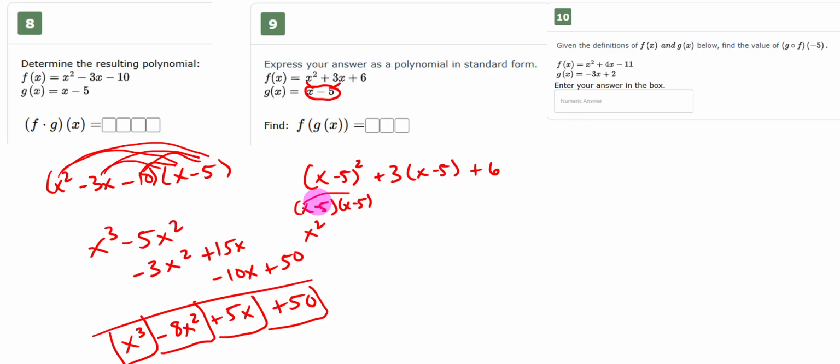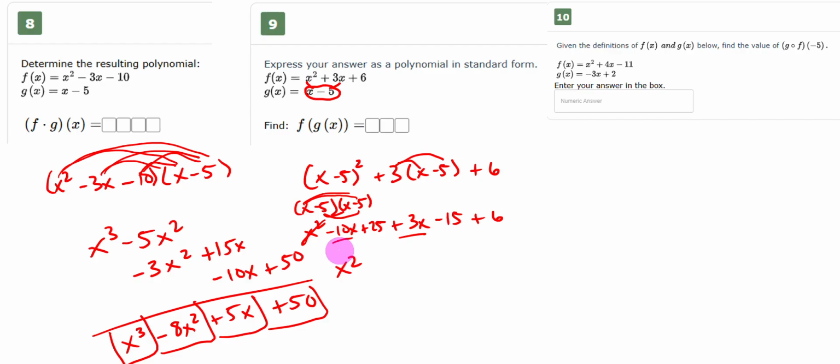X squared minus 5x minus 5x, so minus 10x plus 25. Distribute here, plus 3x minus 15 plus 6. So I'd have x squared, then I have minus 10x plus 3x.